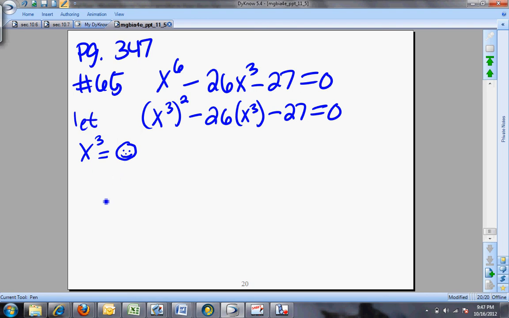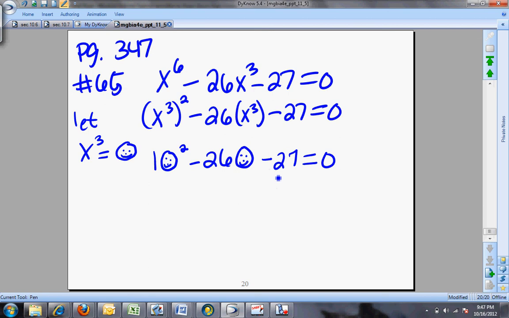So if x cubed is equal to happy face, I'm going to rewrite this so it doesn't look so crazy. So if you have happy face squared minus 26 times happy face minus 27 is equal to 0. Hopefully you'll see my point here soon. Now if I'm just looking at this, let's factor that.